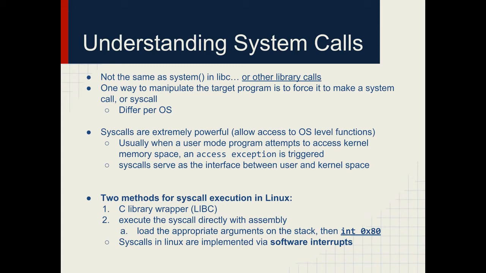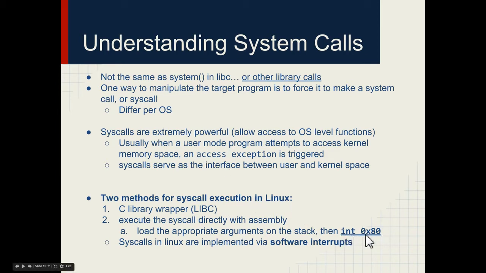So there are two common methods for executing a system call in Linux. You can call the libc wrapper, so execve, etc. Well, I'm sorry, that's the system call directly. Or you can call the system call directly with assembly. So you load the appropriate arguments, and then you call interrupt 0x80.